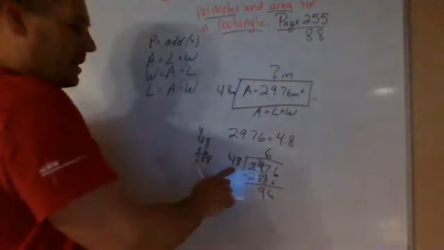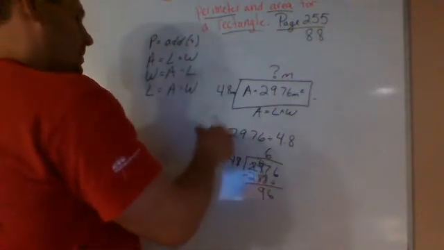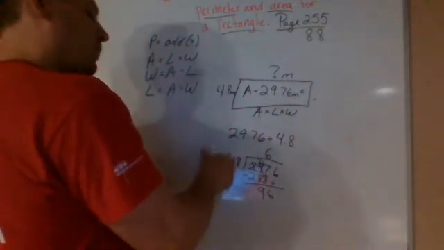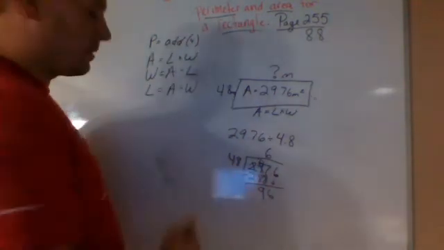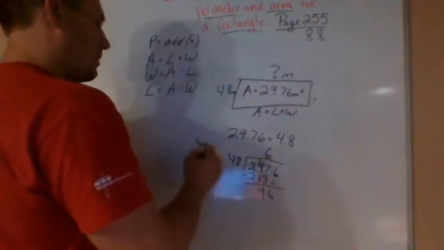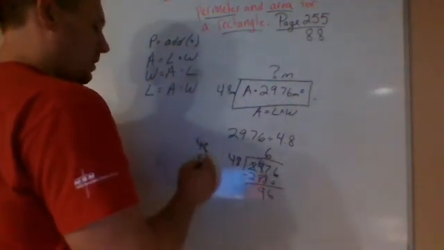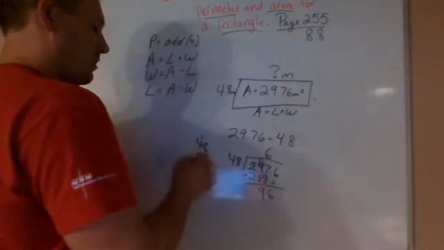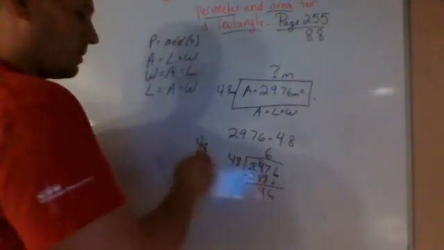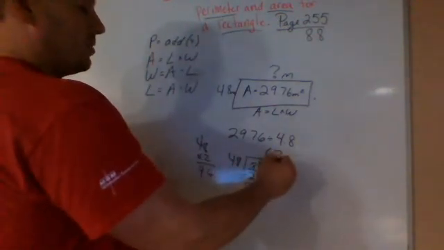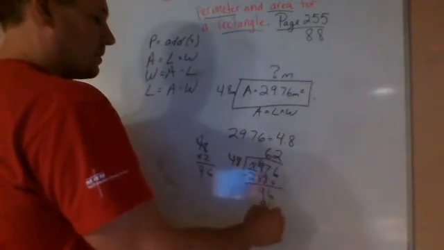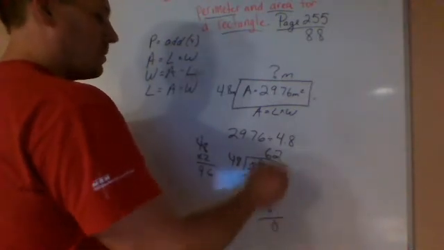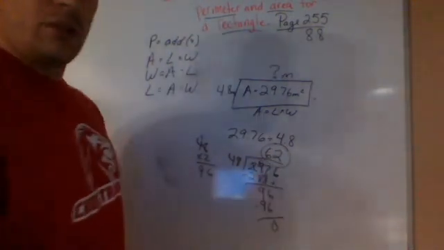How many times does 48 go into 96? I think 48 goes into 96 twice. Let's try 48 times 2. 8 times 2 is 16. 4 times 2 is 8. Look at that, 96. So it is twice. So I take 2 times 48 to get 96. I have no remainder. So my answer is actually 62.